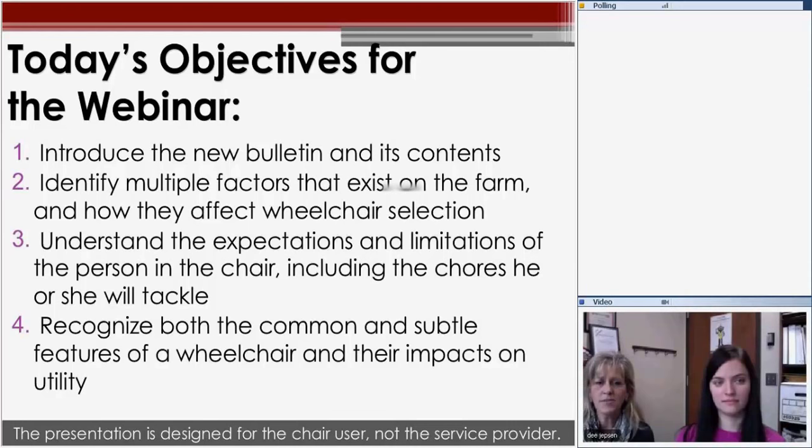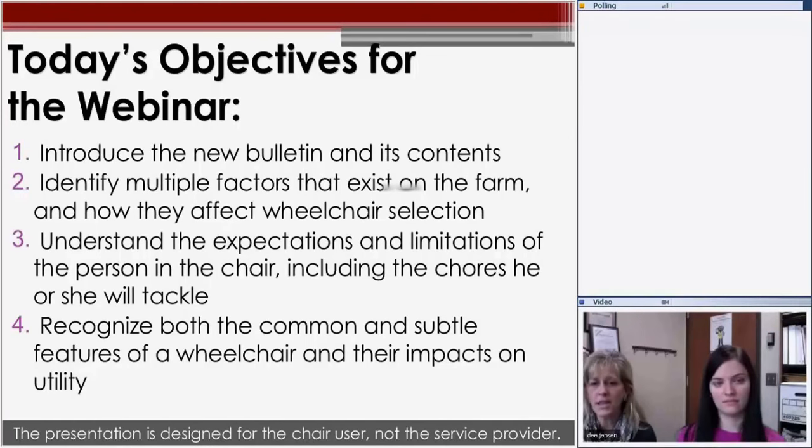So our objectives are for you to understand some of the factors that exist on the farm and how they affect the wheelchair selection and the mobility of that person to get out and continue to have a productive life with a chair or another mobile device. You'll see that we have other devices that we will highlight in this publication and on this webinar.